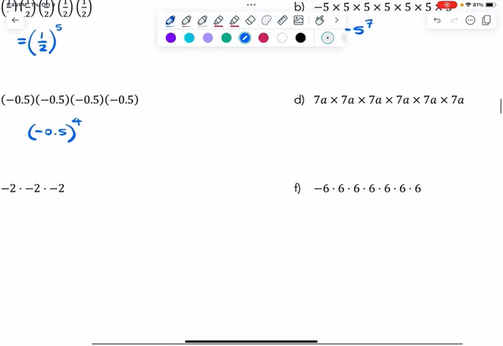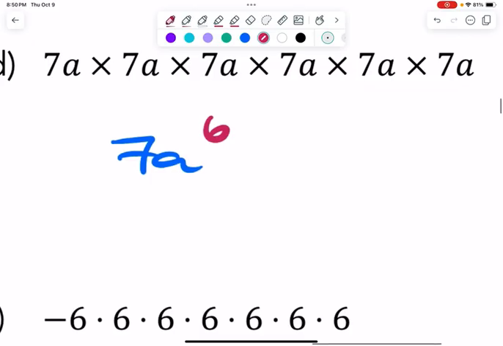Next example. 7a is what's getting repeated again and again. So 7a is the base, and it gets repeated 1, 2, 3, 4, 5, 6 times. Again, be super careful. If we just put this 6 here, by the way we've written it, it only applies to the a.